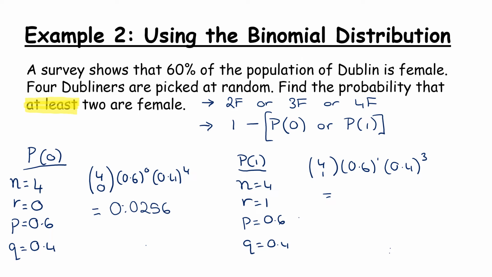4 choose 1 is 4 times 0.6 times 0.4 to the power of 3, and we get 0.1536. We're going to add these 2 together, and we're going to get the probability of 0 or 1 female is going to be 0.1792, and then we're going to do 1 take away that answer.